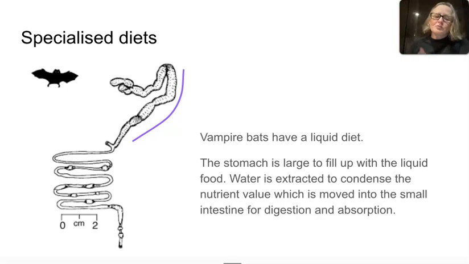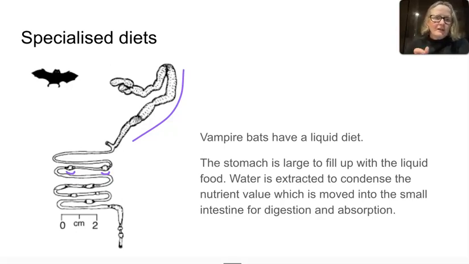And a lot of absorption happens here, but it's absorption of water because they want to concentrate the blood. So it's got quite a solid, and then they'll pass the solids through in little lumps so that digestion can happen on that solid part, because you don't really want it just running through the digestive system without being able to absorb the nutrients. That's quite an interesting little extra there.